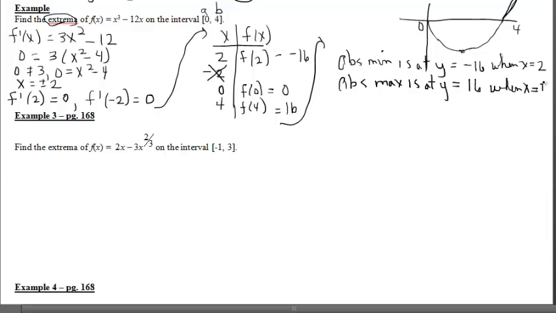So this is my preferred method for you to write that statement right here, as opposed to an ordered pair. So if you would, please include when and at what x value. That would be super. Okay, so again, going through the steps of how to find that, find the critical numbers through the derivative process, set up a t-chart, evaluate the regular graph at those critical numbers and the endpoints, and then verify with your graph when at all possible.